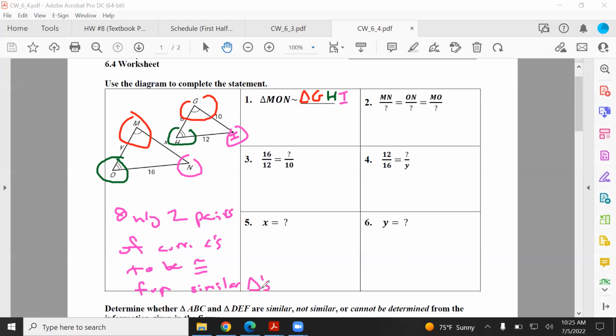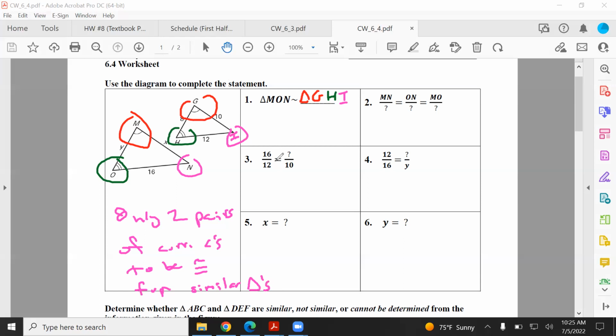Okay, you only need 2 pairs because naturally, what if these are both like 40 degrees, these are both 60 degrees, right? You're gonna have 80 degrees left on these 2, right? So then you only need 2 pairs. So yeah, I'll do the odds, and then I'll show the even answers afterwards.